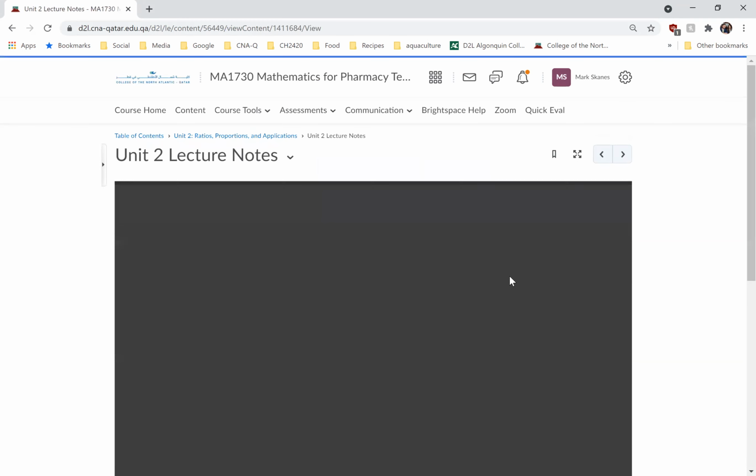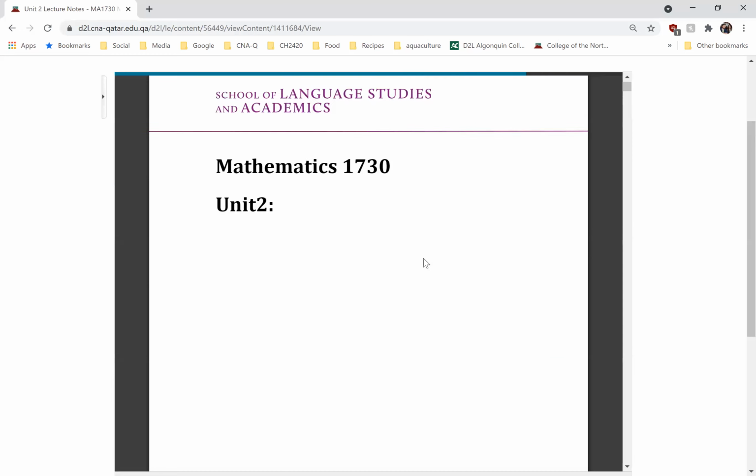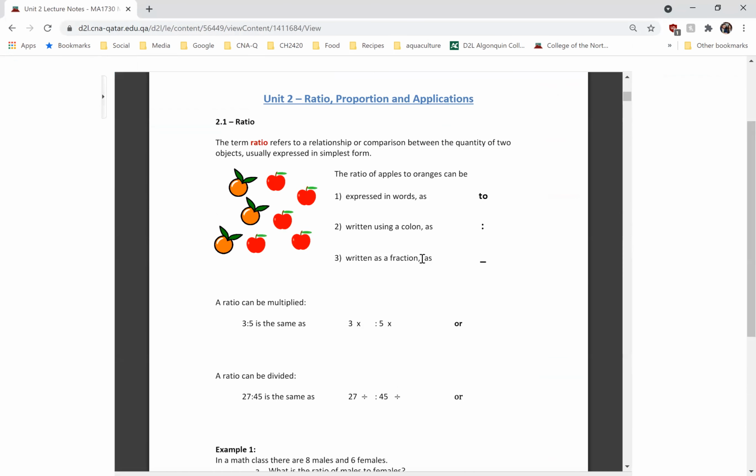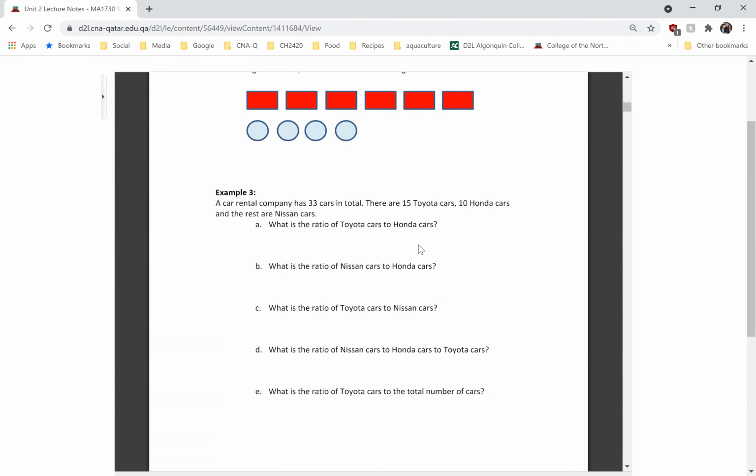See what you guys are going to do with me next week. So lecture 2 or chapter 2, unit 2, whatever you want to call it. We're going to look at something you probably did in 1700. We're going to look a little bit more at ratios and proportions and then apply it to pharmaceutical situations. A ratio or proportion is basically like a fraction.